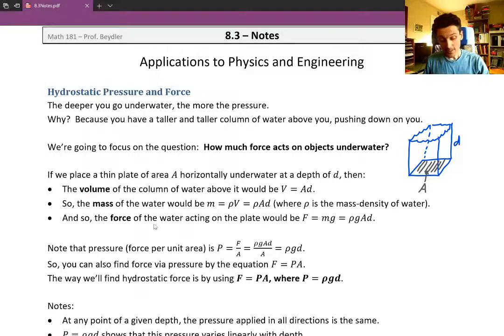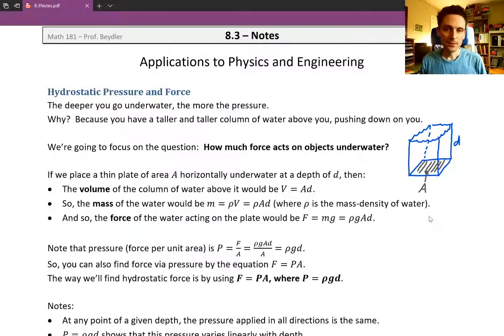So the force then we could get by using F equals ma, or in this case, the acceleration is g, the acceleration due to gravity. So we would take the mass that we just created a formula for, rho AD, multiply it by g, and shuffling around the letters a little bit, we can get the force acting on the plate is rho g AD.